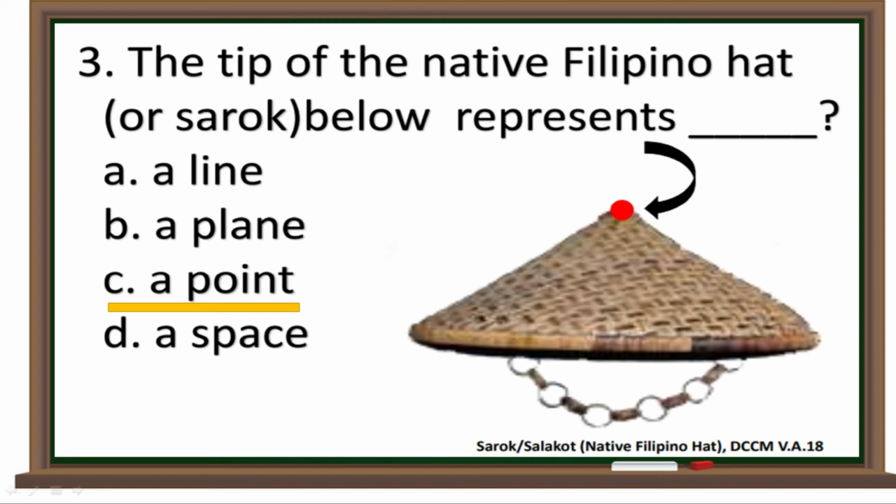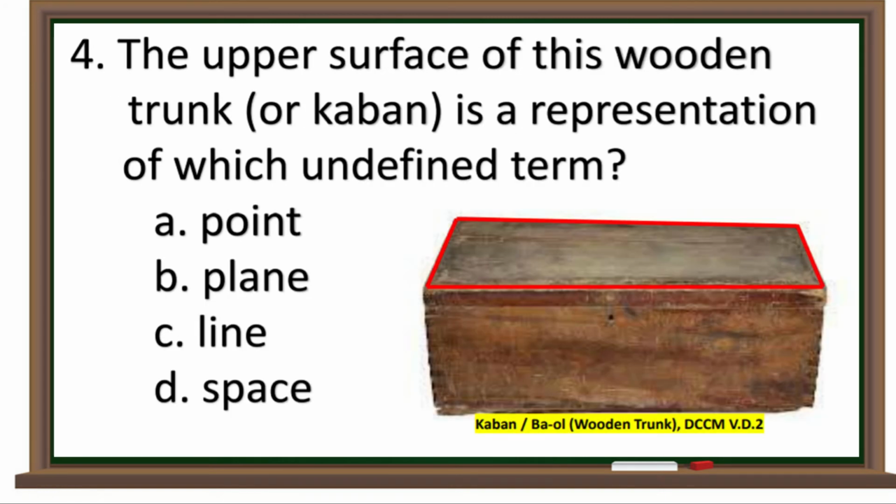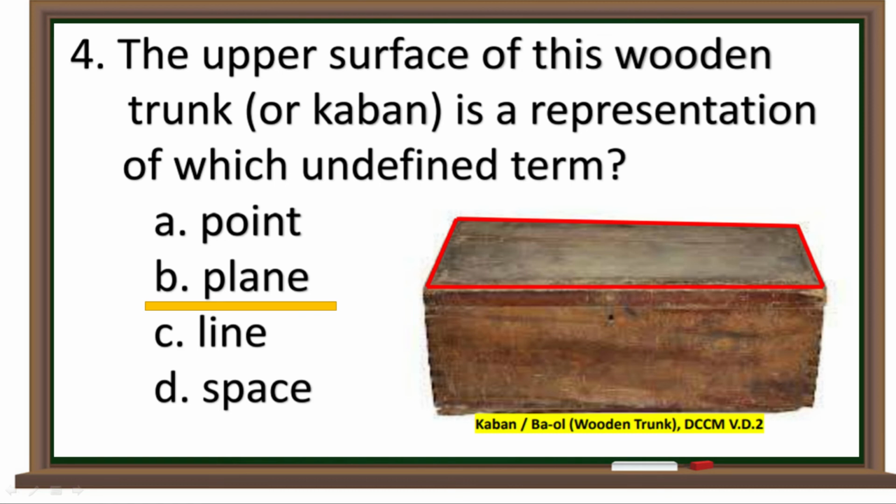Letter C. Number 4. The upper surface of this wooden trunk or caban is representation of which undefined terms? Letter A. Point. B. Plane. C. Line. D. Space. The correct answer is letter B. Plane.